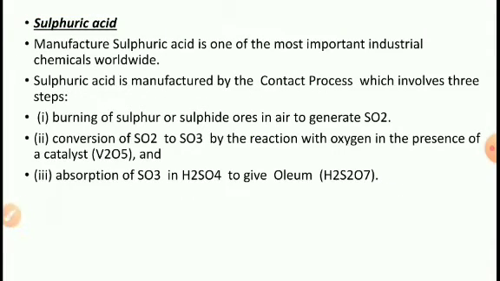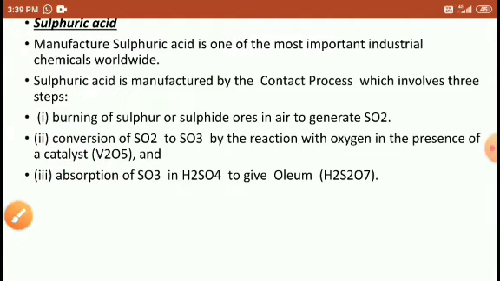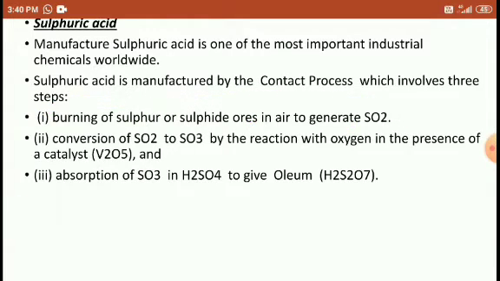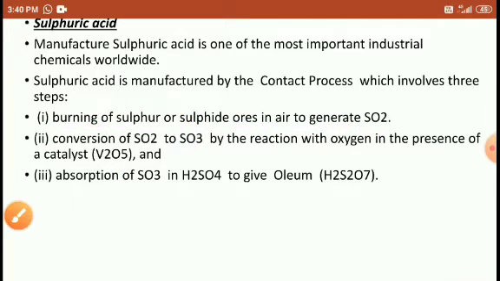Sulfuric acid is one of the most important industrial chemicals. Sulfuric acid is manufactured by the contact process, which involves three steps. First, the burning of sulfur or sulfide ore generates sulfur dioxide. Second, conversion of sulfur dioxide to sulfur trioxide in the presence of vanadium pentoxide catalyst.